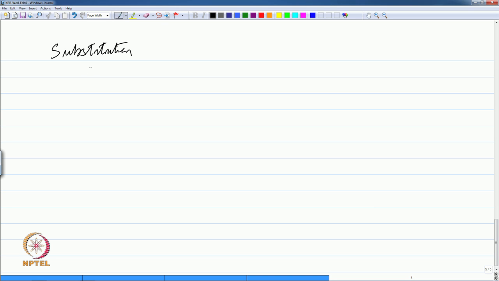So, the two most common rules that we will use are the fact that if you have a negation of a universally quantified formula, then that is logically equivalent to an existentially quantified formula with the negation inside.